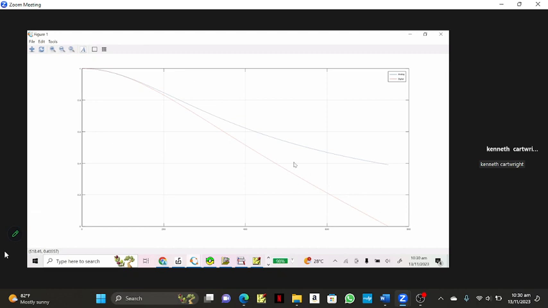The analog is blue, and the cutoff frequency was 318. So I got 318.5, but if you keep playing with it, you probably can get it closer.